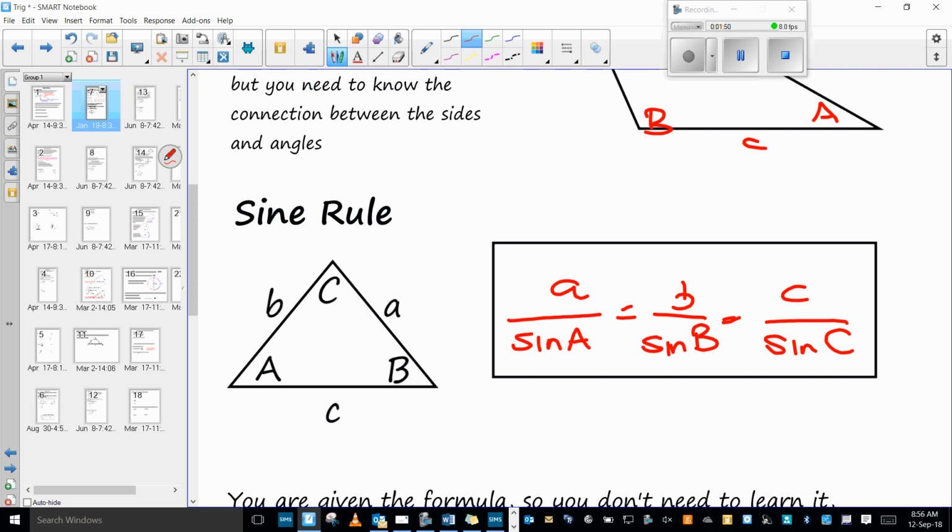So we're focusing on this equal to this, or this equal to this, or this equal to this. You're not going to have all three of them. You only have one equal sign.